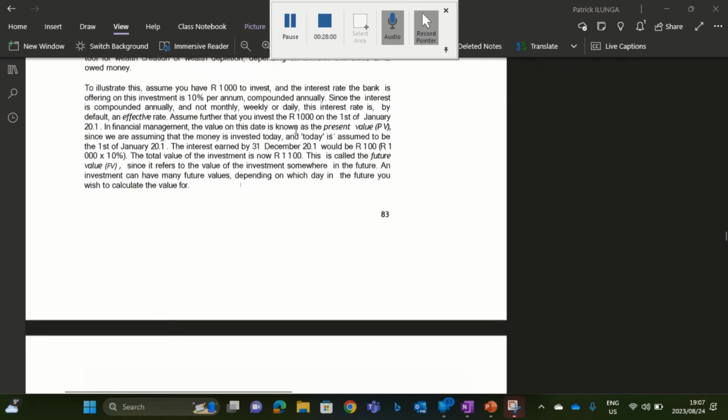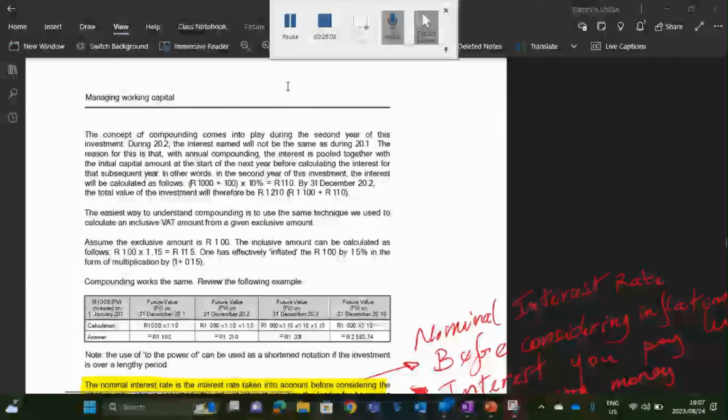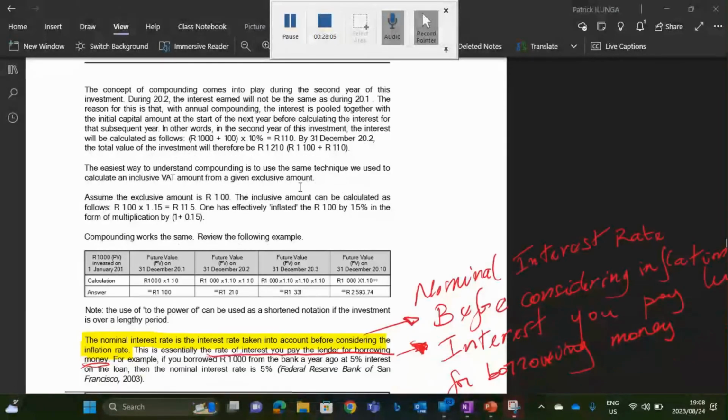But at the end of the second year, that investment will increase to not only the interest on the 1,000, but now to the interest on the 1,100. So as you can see here, the compounding works this way. You can see that table there that shows you that in the first year it was 1,000 multiplied by 1.1, which is the interest rate, right?